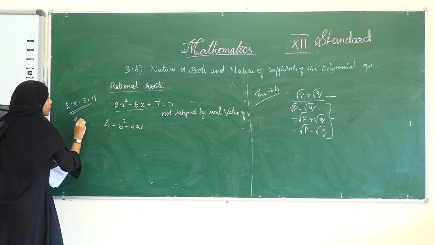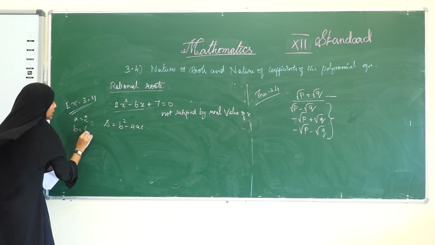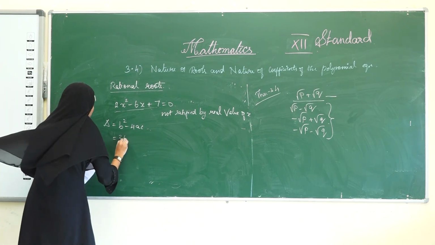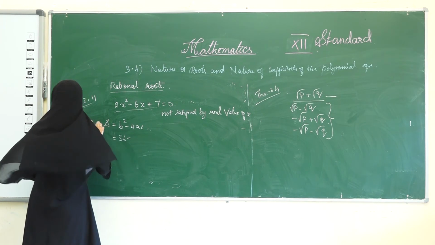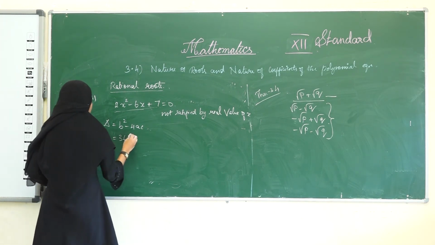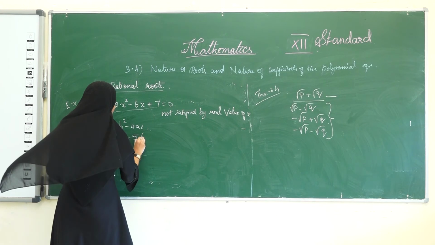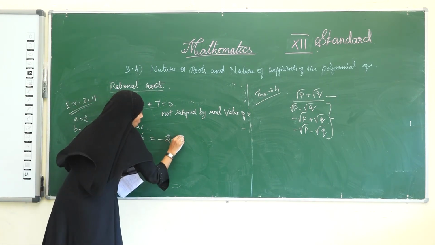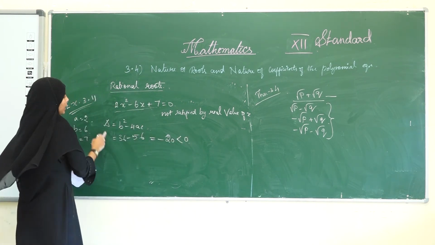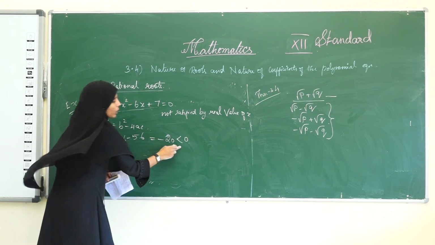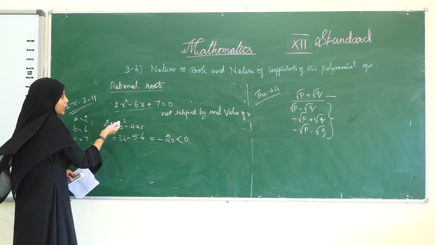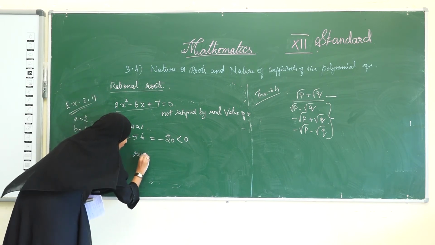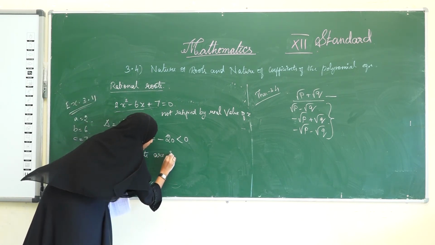Here the value of a is 2, the value of b is minus 6 and the value of c is 7. b square is 36 minus 4 into 2 into 7, 4 2s are 8, 8 7s are 56. 36 minus 56 is equal to minus 20, which is less than 0. When the value of del is less than 0, as we have seen in quadratic equations, definitely the roots are imaginary.